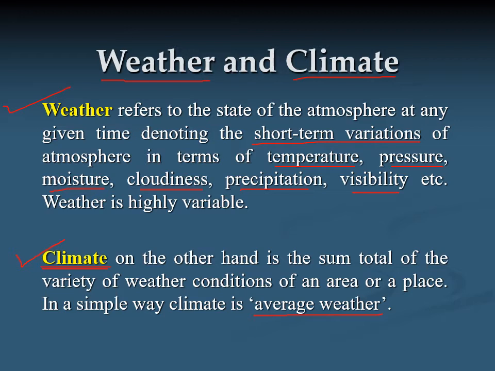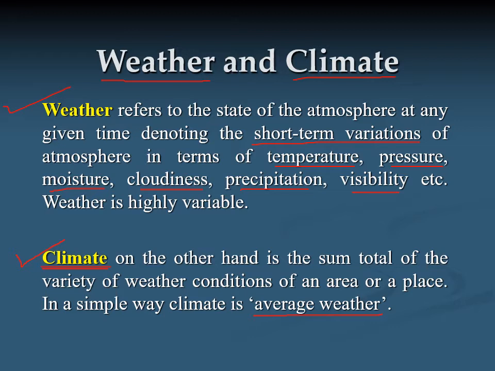You will witness extreme heat, about 40 to 45 degrees centigrade, as well as the cold condition, 5 degrees centigrade, 10 degrees centigrade during winter times. So these are the weather conditions of your hometown for any particular time.